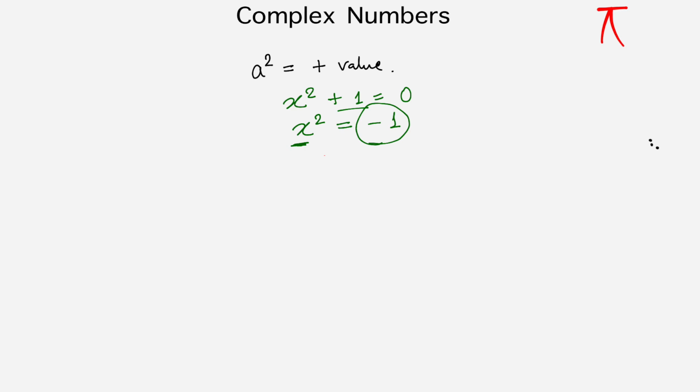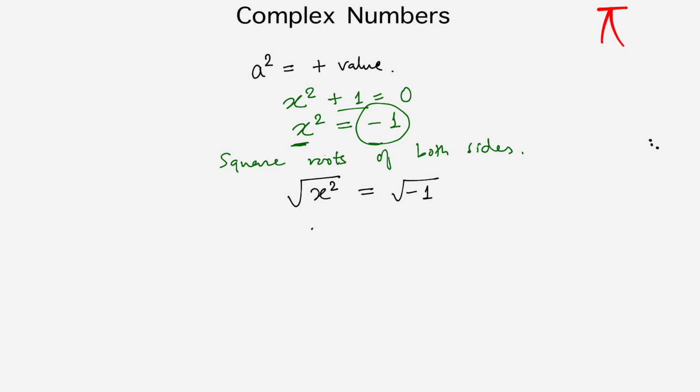During the 17th and 18th century, mathematicians developed a different kind of number, which is called complex number. They said that for this equation, if we further find the square roots of both sides, we get under root of x square is equal to under root of minus 1.